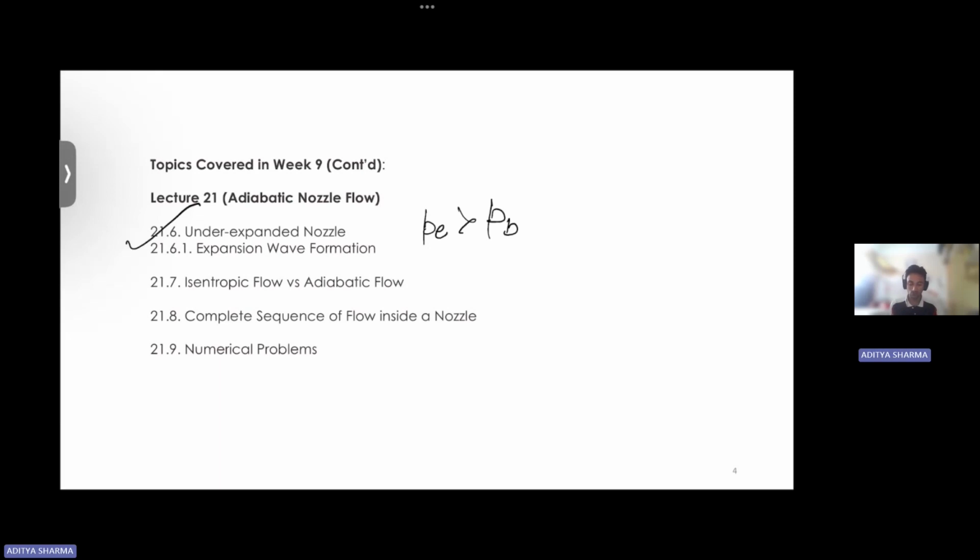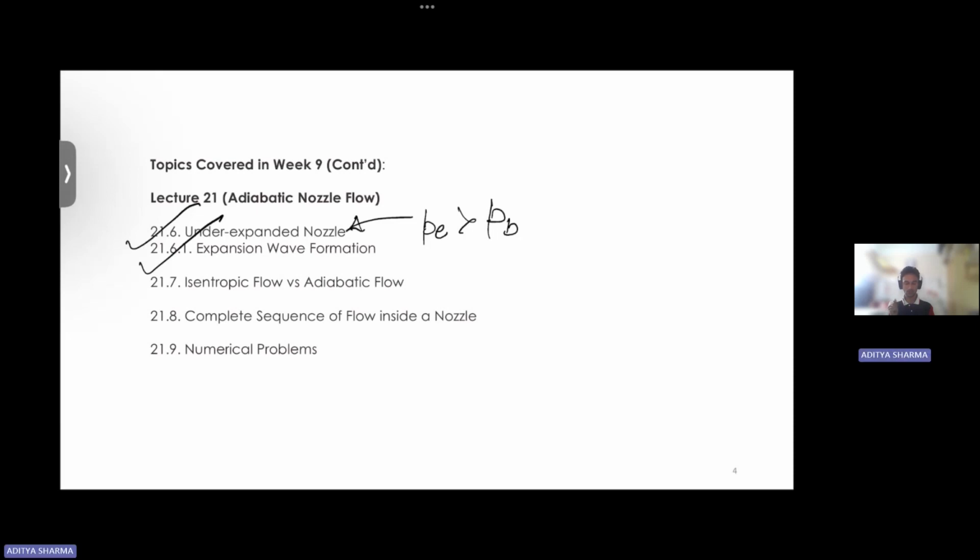So in that scenario, at the exit of the nozzle, we get to see an expansion wave, or should I say expansion waves.